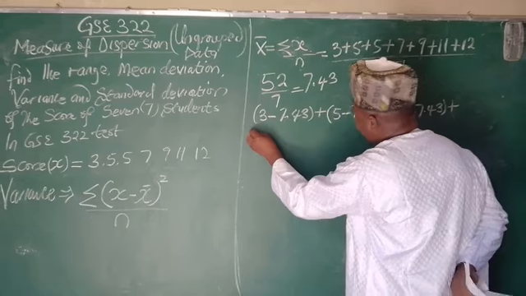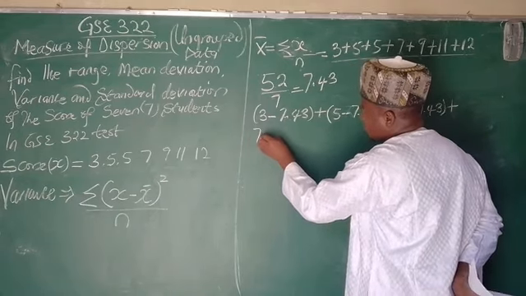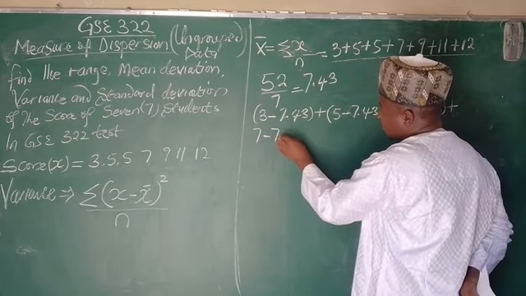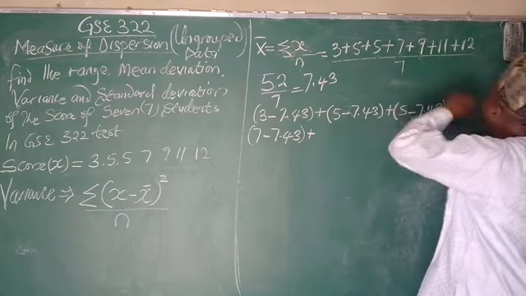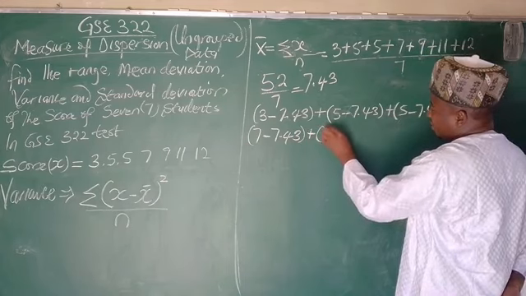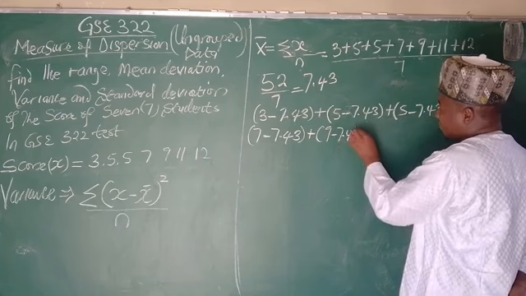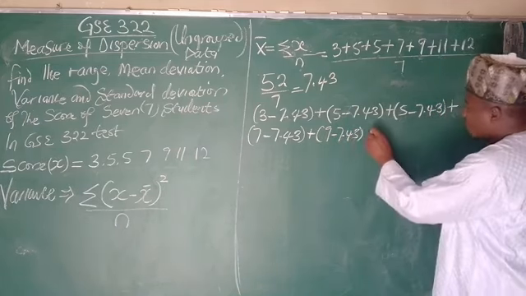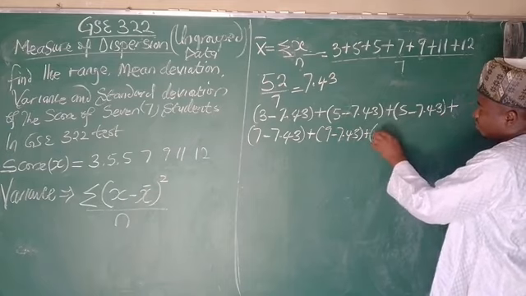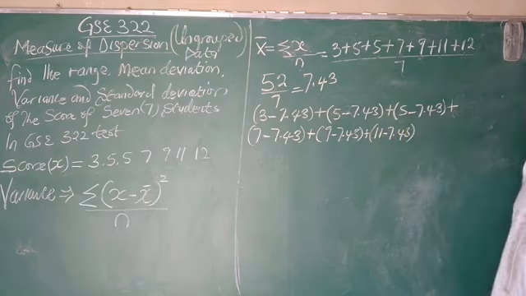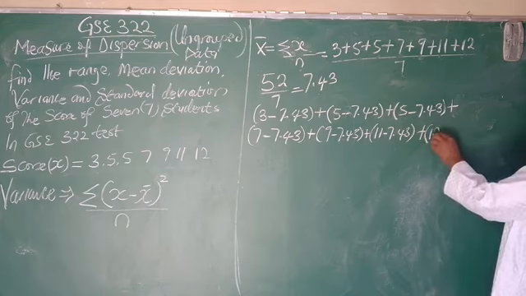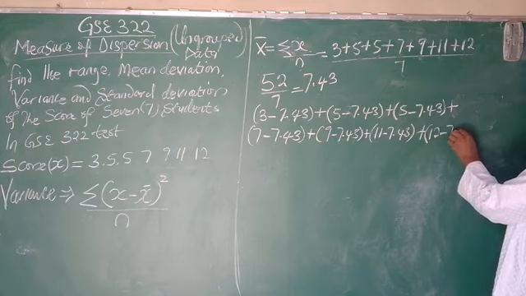Then plus 7 minus the mean, which is 7.43, then plus 9, open bracket, 9 minus 7.43, the mean, then plus open bracket, 11 minus 7.43, also the mean, then plus the last one, open bracket, 12 minus 7.43, the mean also.